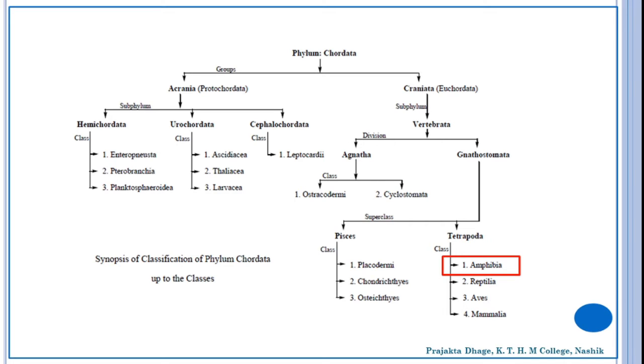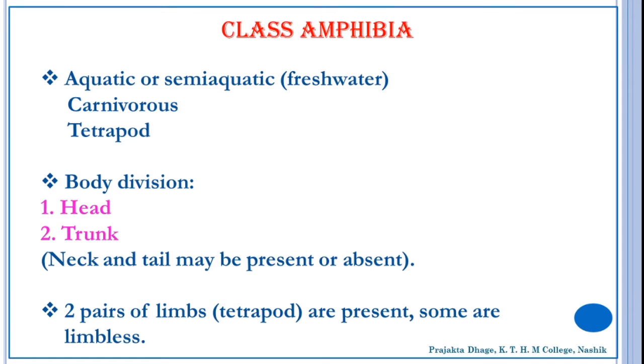Let's move further with classification. Now if you have seen a frog or a salamander, these are aquatic or semi-aquatic. Why semi-aquatic? Because their larval stages, the tadpoles, which are the larval stages of frogs, are completely found inside the water.